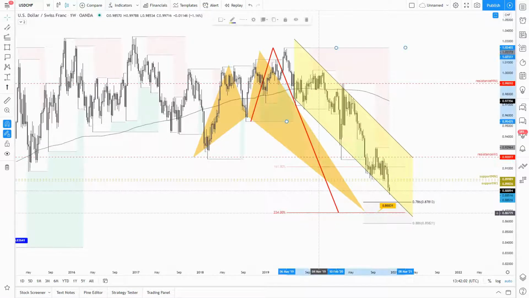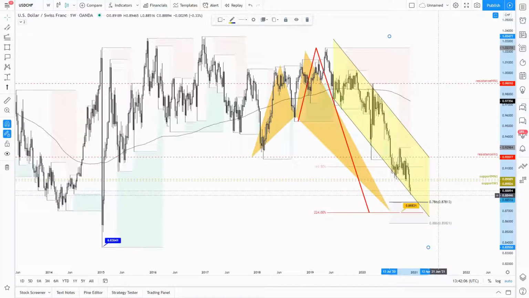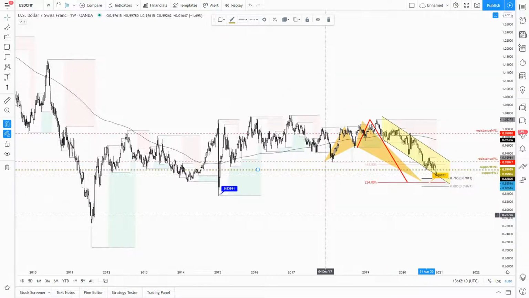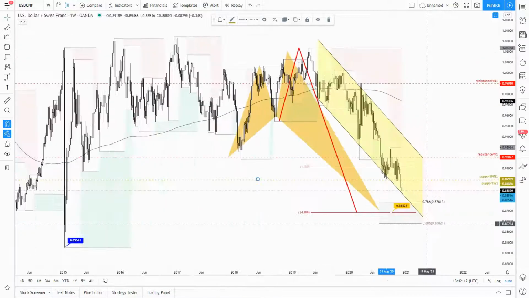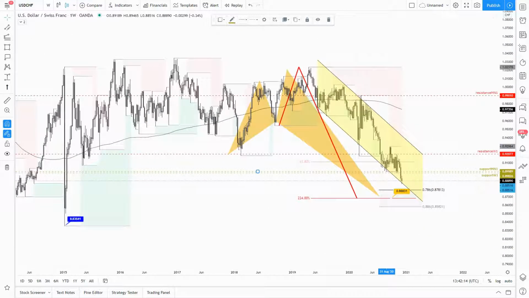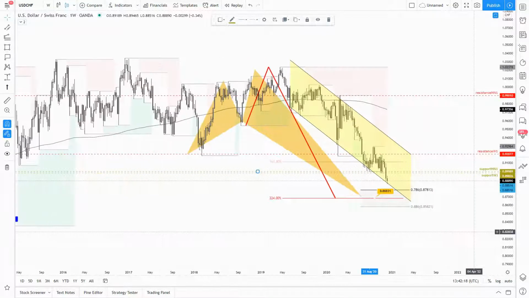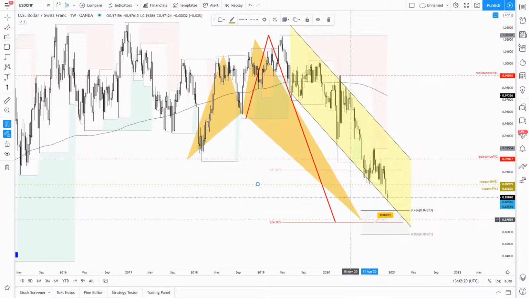So basically we are inside this kind of a descending channel, a parallel structure, bullish shark pattern 224, 886, 88.6, 78.6 right above. We are now threatening the weekly and the monthly fractal, so I will not be surprised to see a nice reaction before moving even lower. So the market will not always move in the same direction. That shark pattern, as a natural pressure zone, may offer a nice bounce.